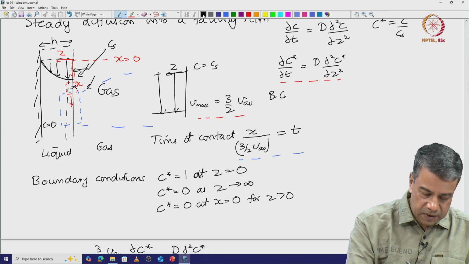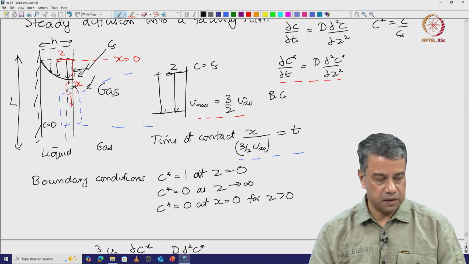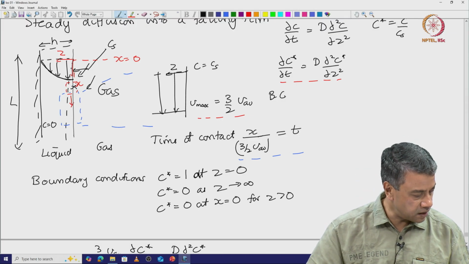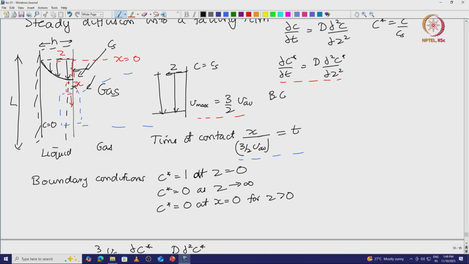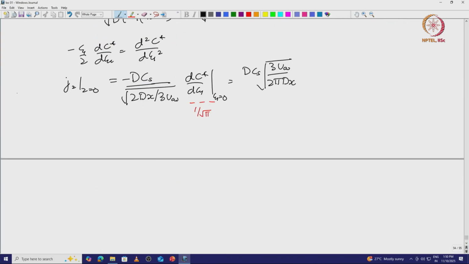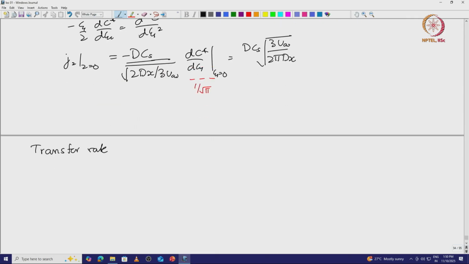If I had a section of contact which was total length L, and I wanted to know the total transfer rate, then the total transfer rate will be equal to... So, this film, there is z and x, the length of the film is in the x direction, you have a perpendicular direction y, across the film and of some width w. So, the total transfer rate has to be equal to w times integral 0 to... I am sorry.